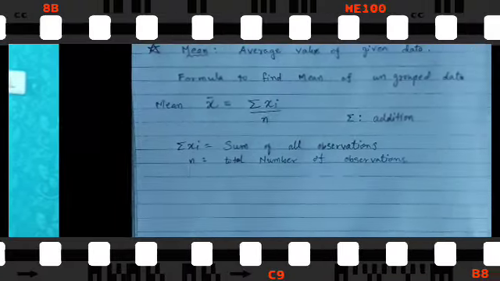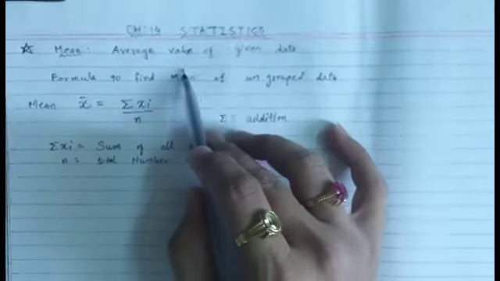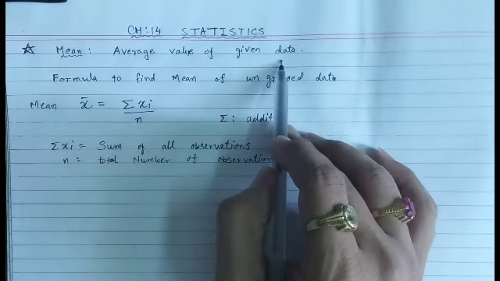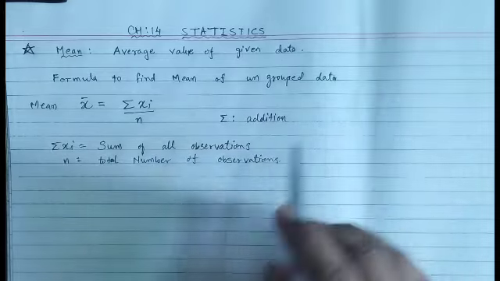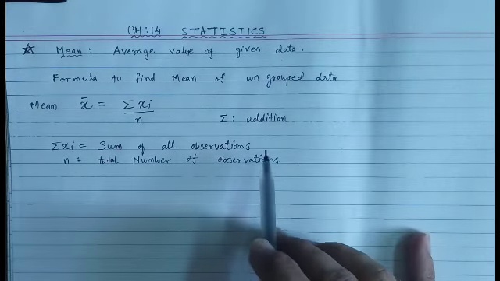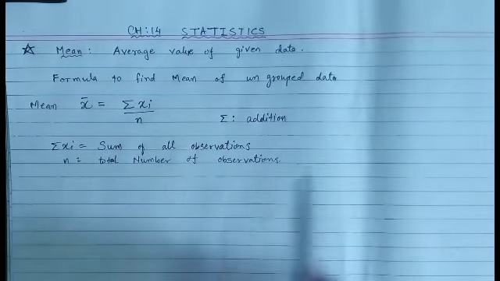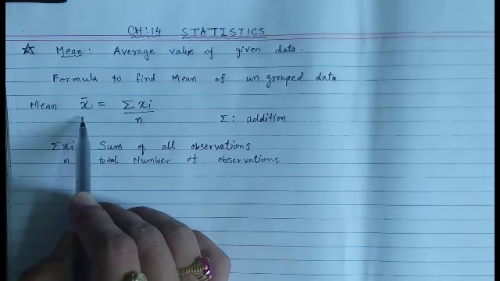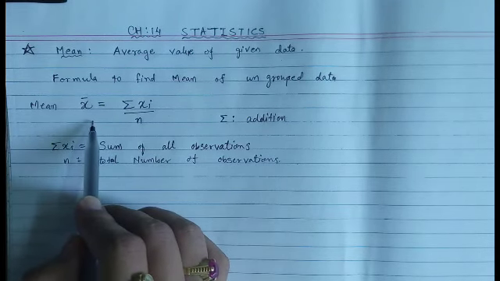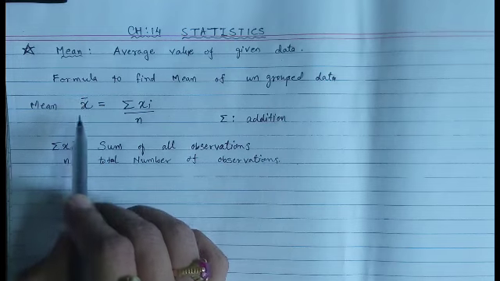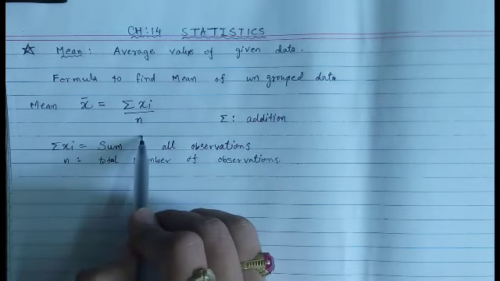And in 9th standard, we have studied about the formula of mean for ungrouped data. Let's check it. So as we know that mean is called the average value of the given data. Mean, X bar. This is the symbol to get mean. It is called X bar equal to sigma xi upon n.